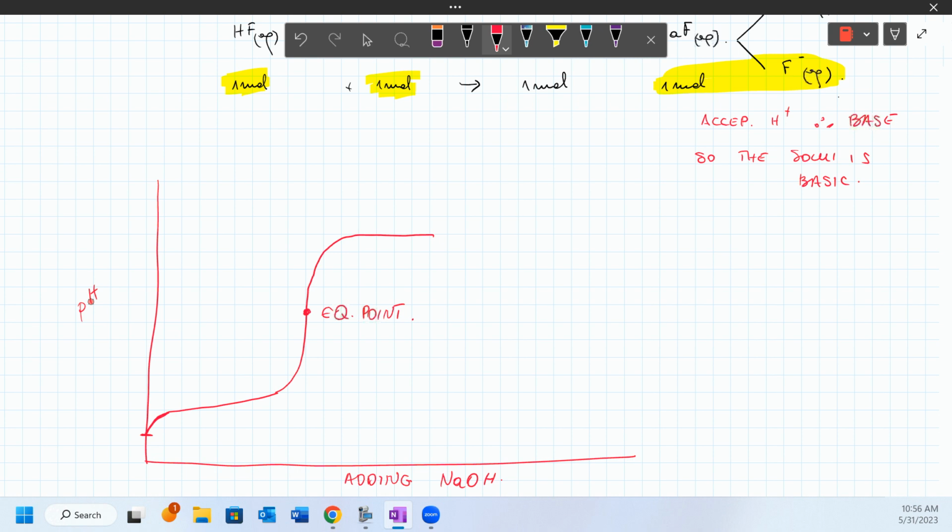Okay, so when we have more than one hydrogen to release, let's deal with this first. This region here is known as the buffer region. There is a mistake in your textbook saying that even this region up here is a buffer region, but no, it's just from the starting point, you could even go up to the equivalence point, but just go at this region where the pH is slightly increasing.